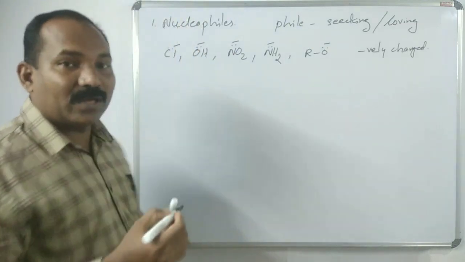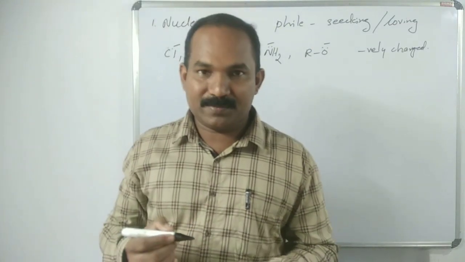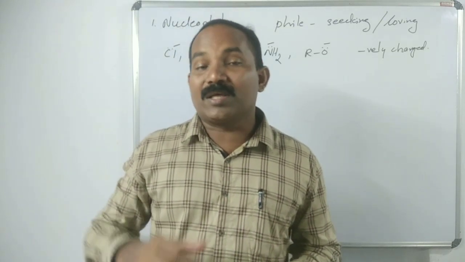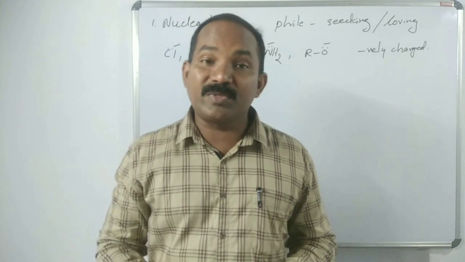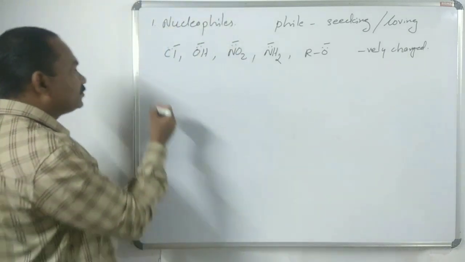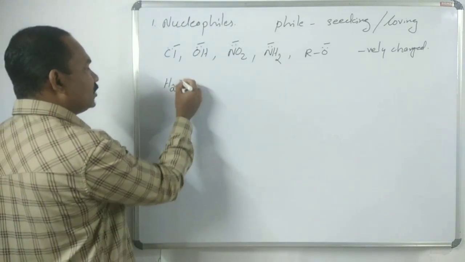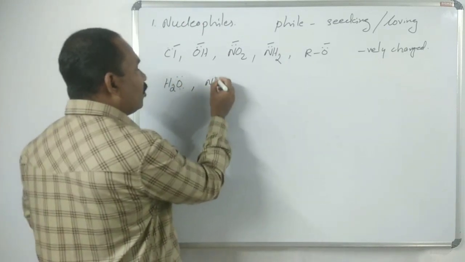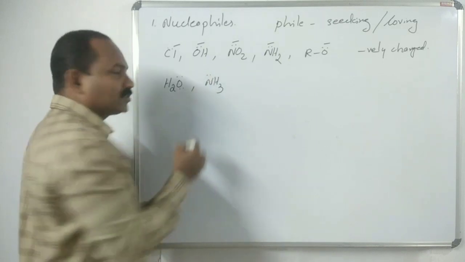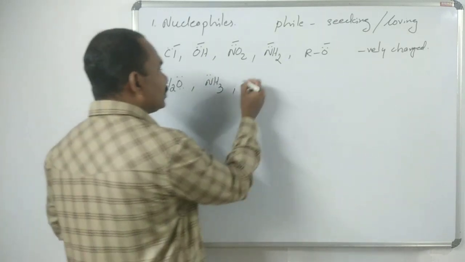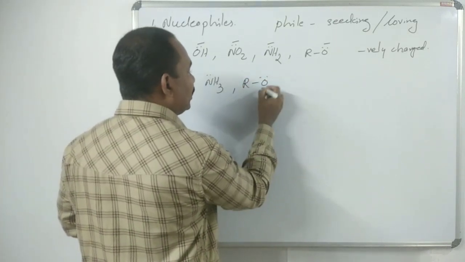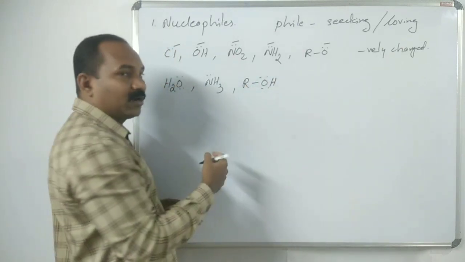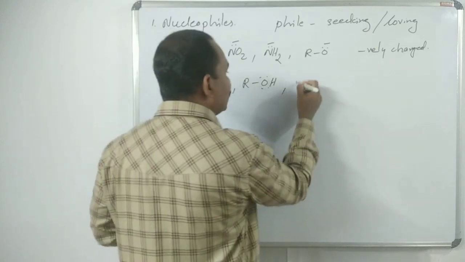And also neutral nucleophiles are there. Nucleophiles are electron rich species. Some neutral electron rich species are water, H2O, an electron rich center. Ammonia, NH3, electron rich. Alcohol, electron rich. Oxygen contains a lone pair, electron rich.